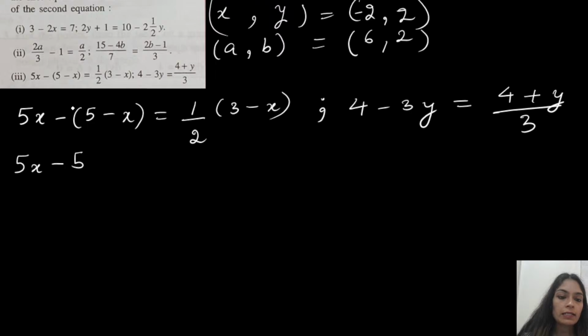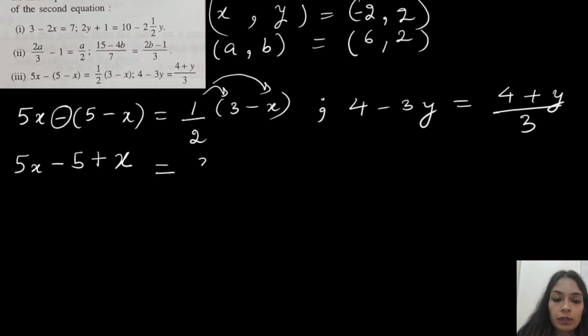Whenever minus is outside the bracket, the inner signs get changed due to minus multiplication. So minus 5 and this will become plus, because minus into minus is plus. You can always remember, whenever minus is outside, you have to change the signs when opening the bracket. So 5x minus 5 plus x is equal to, on this side let's do the bracket multiplication.